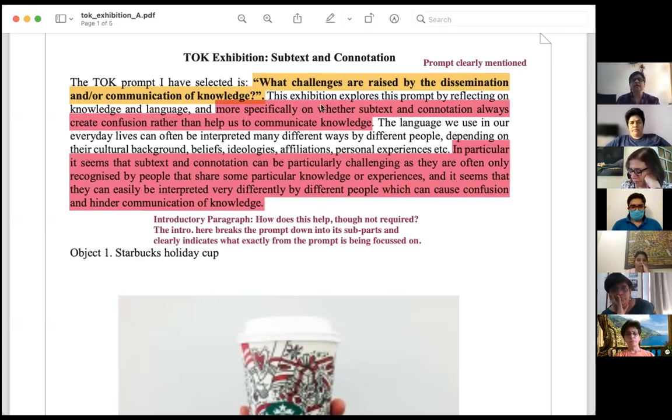So if you see, this exhibition explores this prompt by reflecting on knowledge and language, and more specifically on whether, now the child could have ended with knowledge and language because it clearly says dissemination or communication of knowledge.